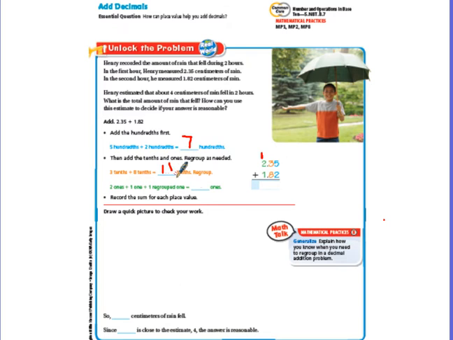Even though we'd have 11 tenths, we have to put it into the whole group, so we have 2 plus 2 more is 4. So when we put those all together, we have 4 whole and 17 tenths. So now they want you to draw a picture of what that looks like.